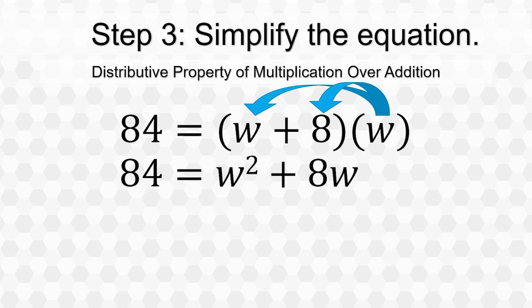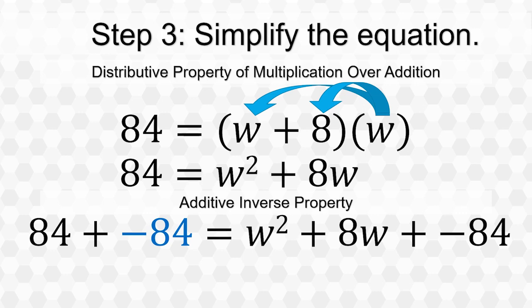Next is, we need this equation to be equal to 0. To do this, we will have to gather all numbers and variables into one side. For this example, let us all gather them on the right side. Do you know how we can do that? Excellent! Using the additive inverse property, let us add negative 84 to both sides.